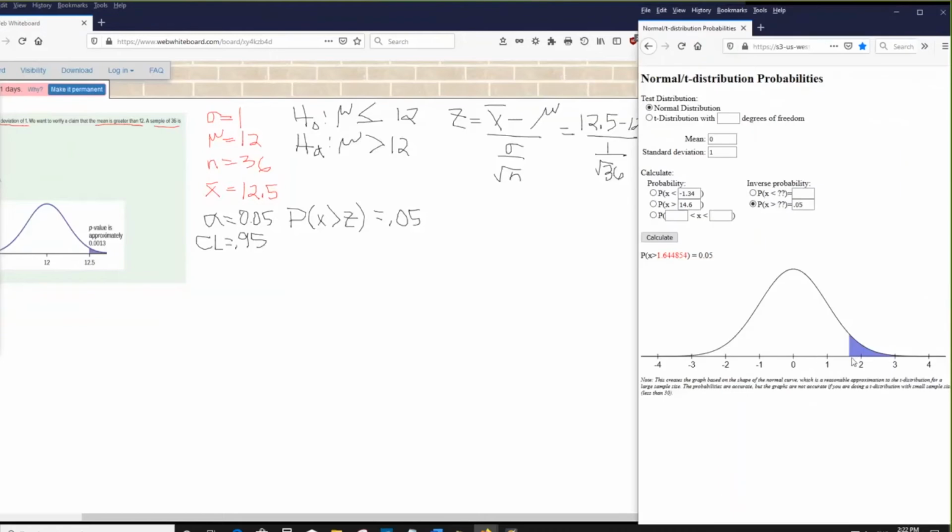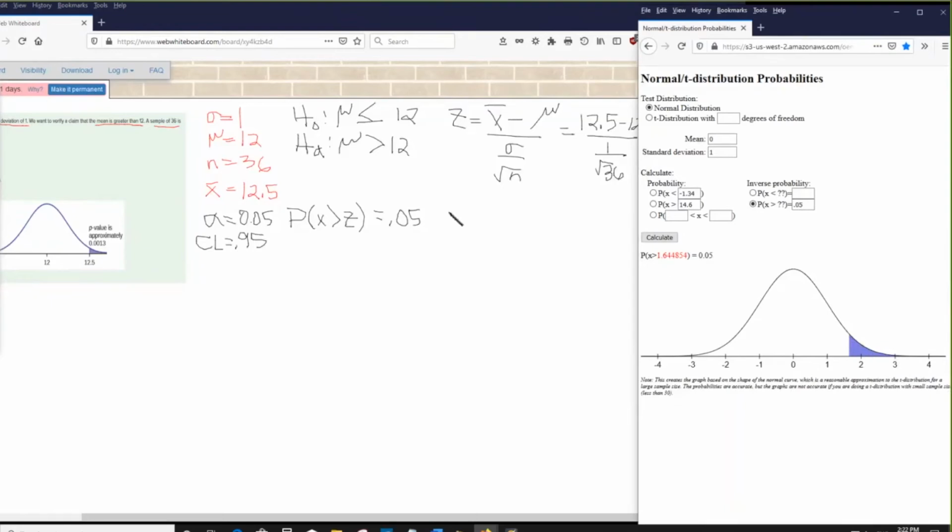So this is showing that when I have an alpha of 0.05, I want to know the probability of my value being at that z value, which is right here where these two intersect. This is the probability that I'm going to have that 0.5%.